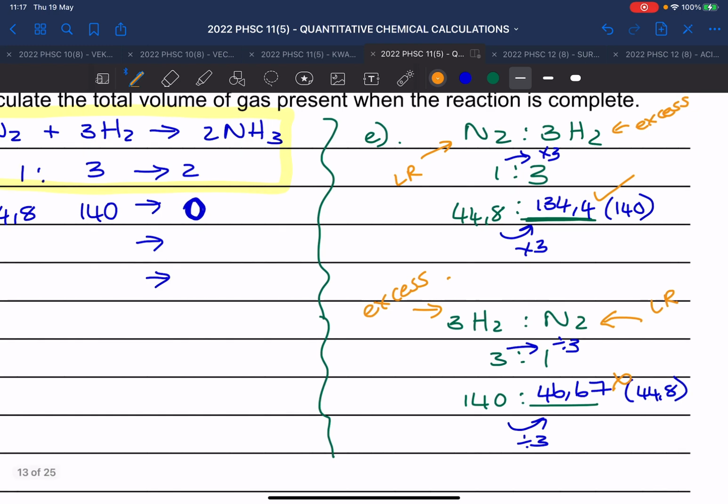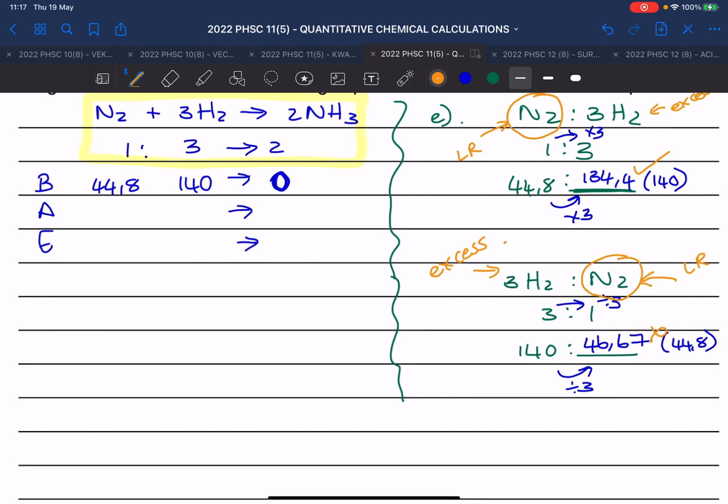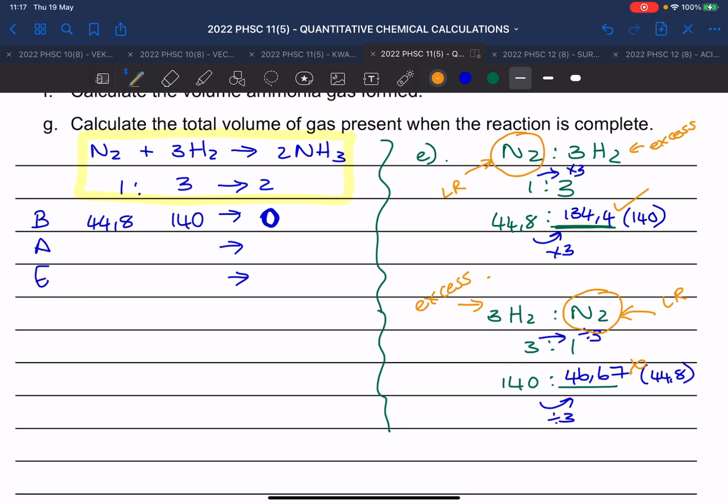We've proven that nitrogen gas is the limiting reagent. And the one that is the limiting reagent, you know two things of. Number one, you use all of it so that you have 0 left at the end. And number two, the limiting reagent will determine how much product you will get.